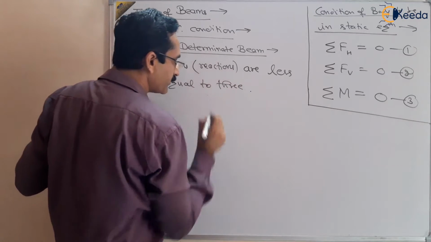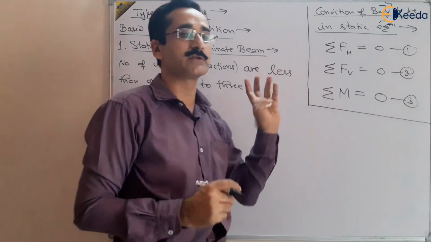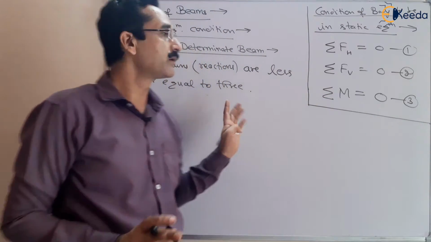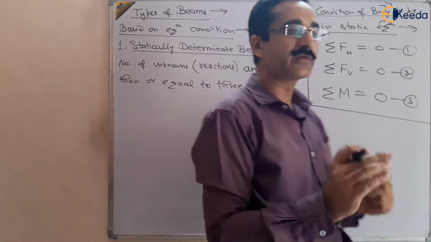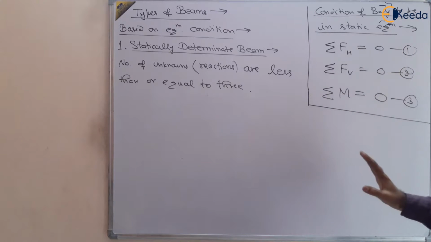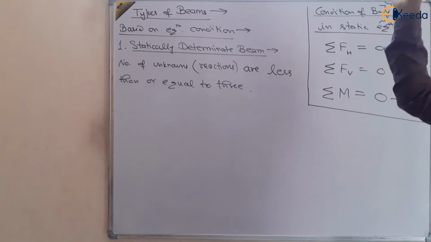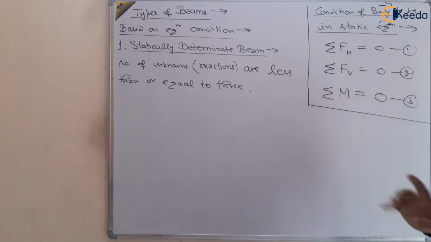If the number of unknowns are less than or equal to 3, because we have only 3 equations to solve, then we call it that this is a statically determinate beam, right? That the unknowns can be found out using these equations only, static equilibrium conditions. We need not any other equations. We directly solve the unknowns using these 3 equations.